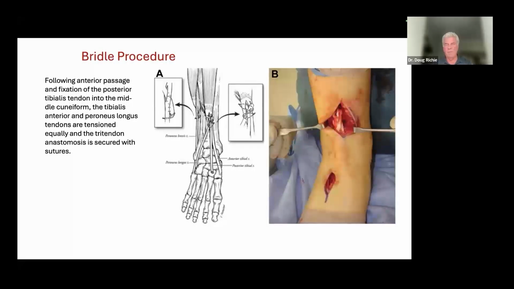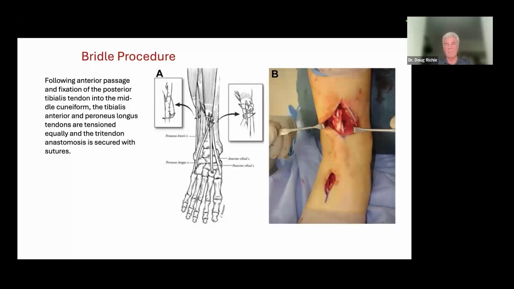When the peroneal muscles are lost, sometimes a combination tendon transfer involving both the tibialis anterior and the tendon of the peroneus longus or brevis are anastomosed to the transferred tibialis posterior tendon.